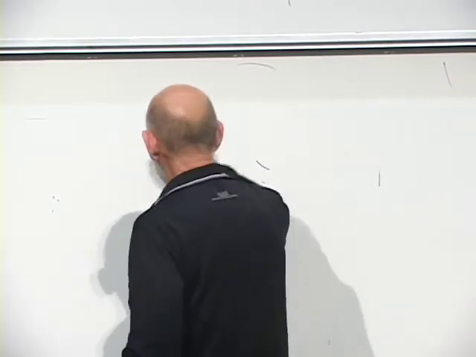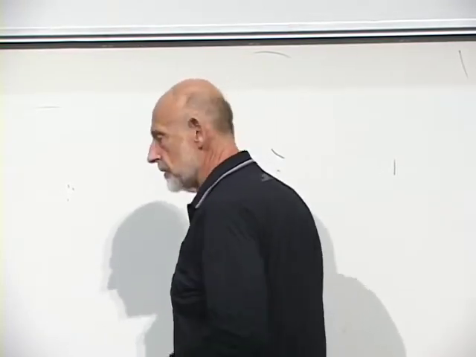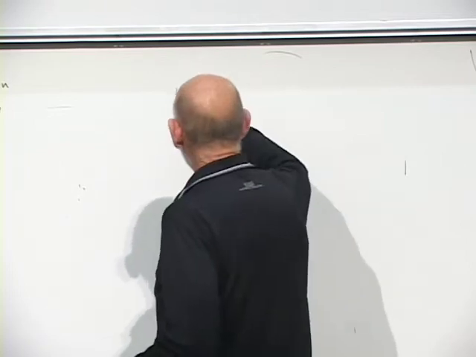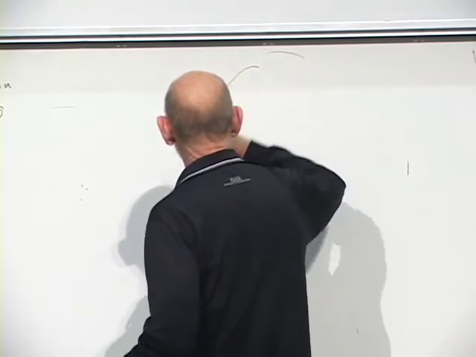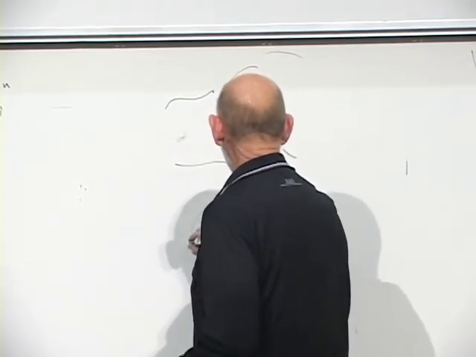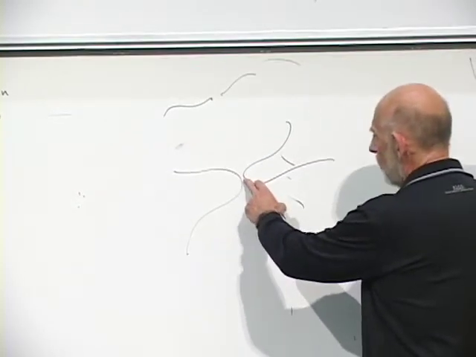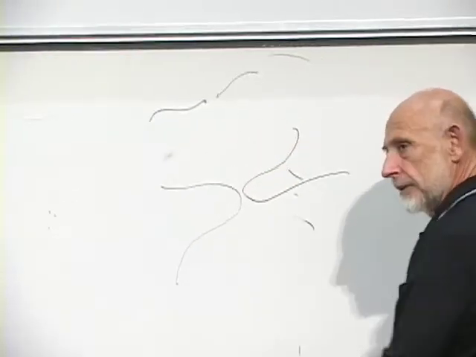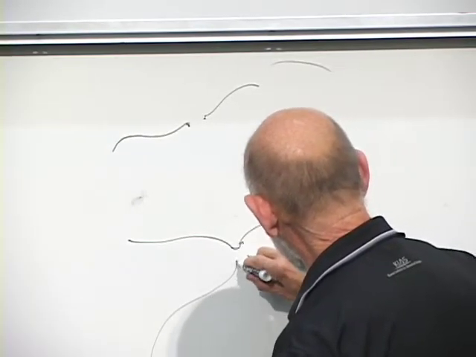Once you have closed strings, this is even implicit in open string theory. The basic thing that can happen is two ends can touch and join, but there's something else that can happen. The other thing that can happen is two strings can touch at a point which is not an end, and then they can rearrange.